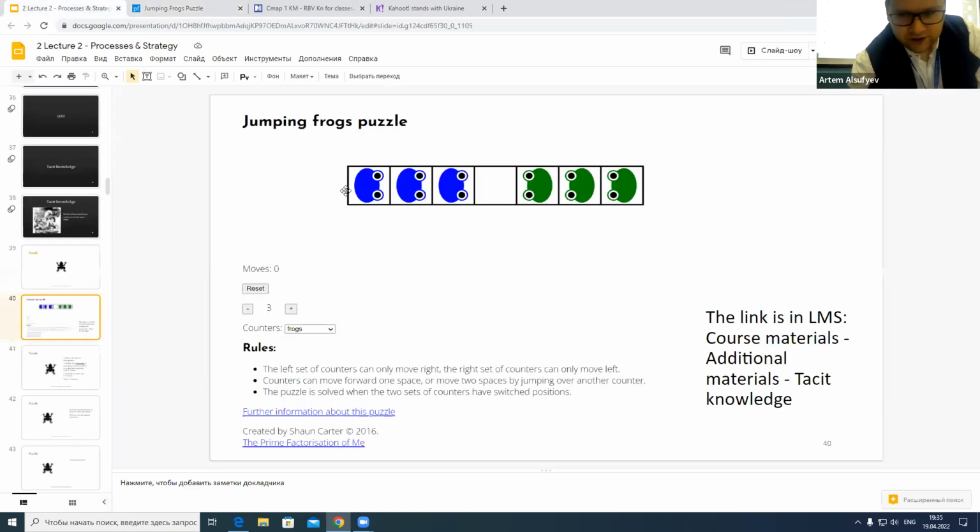So where can you find this? In LMS, there are course materials. In course materials, there is an additional materials section, and there is a tacit knowledge link. Please find it in LMS. You could solve it from your devices, mobile phones, laptops.